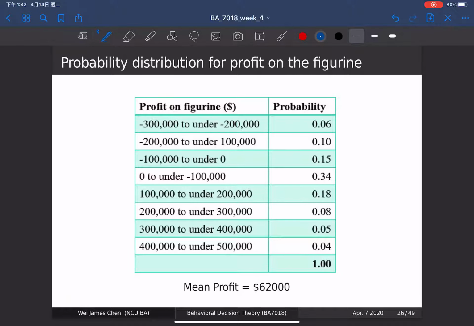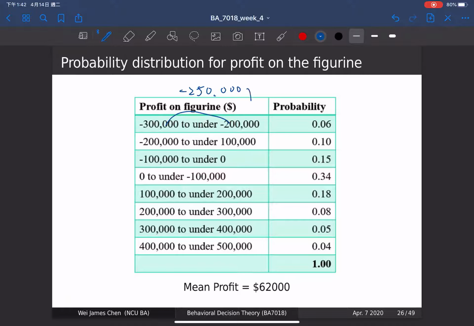In case you don't know how to do it with a range, for this table, what you do is take the mean of the two numbers. So minus 300K and minus 200K, the mean is minus 250K, right?